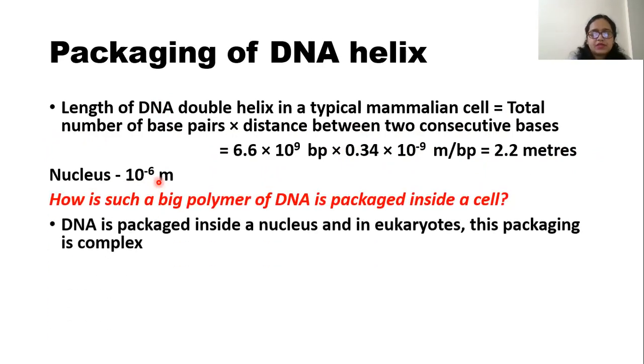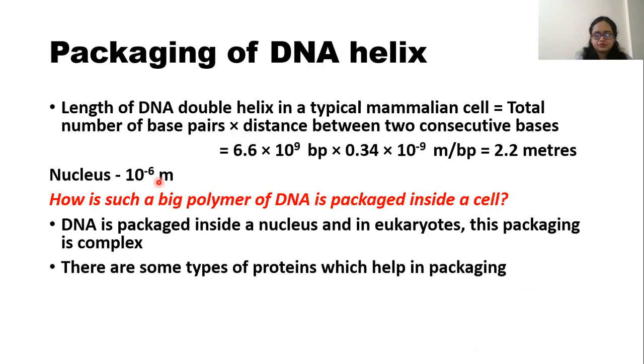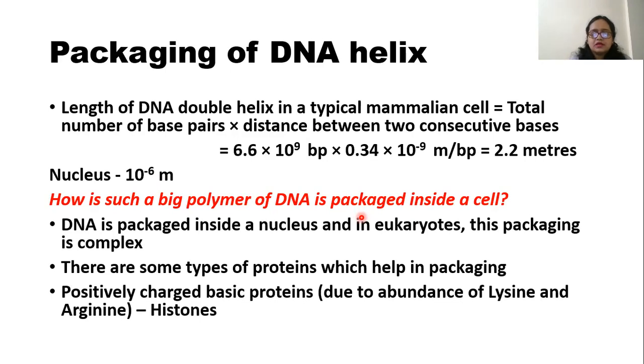So DNA is packaged inside a nucleus in eukaryotes, and this packaging is complex. There are some proteins which assist in packaging of the DNA inside the nucleus. So what are these proteins? These are generally positively charged basic proteins.